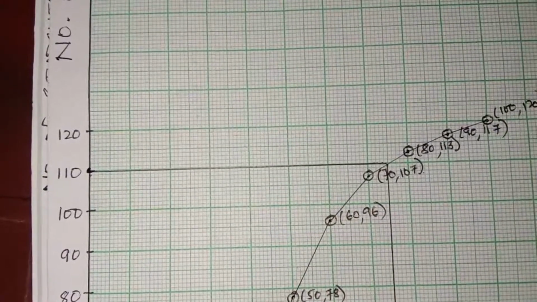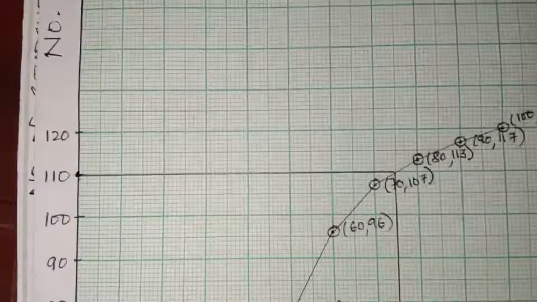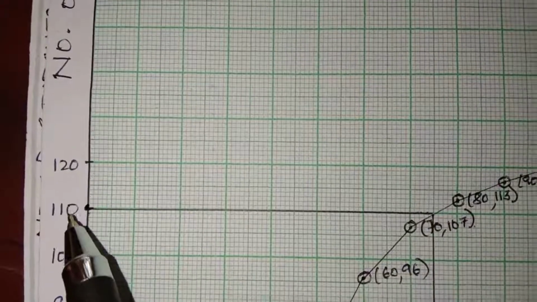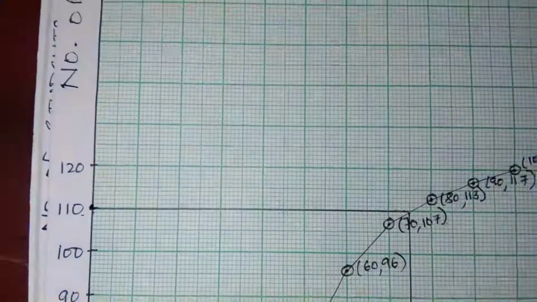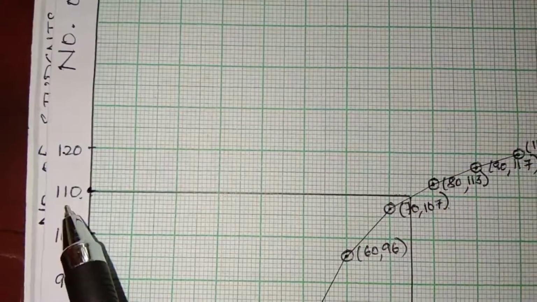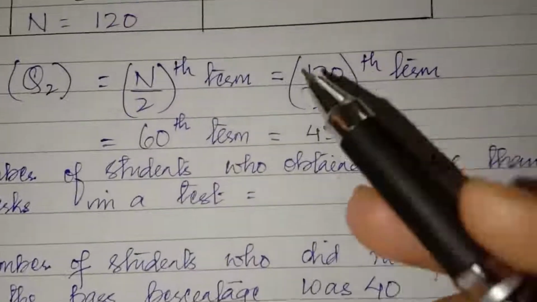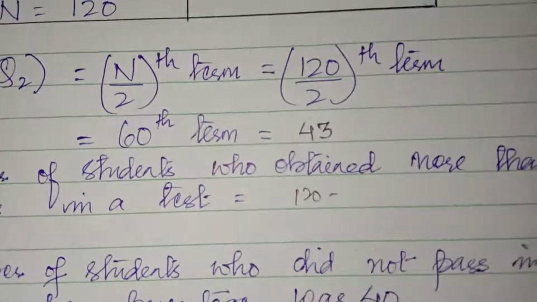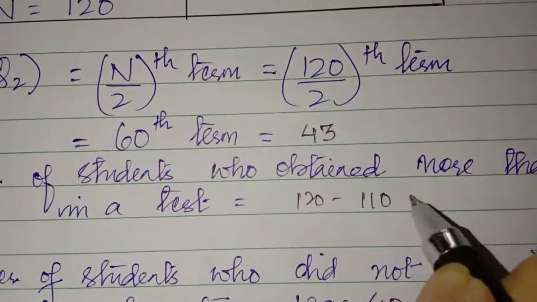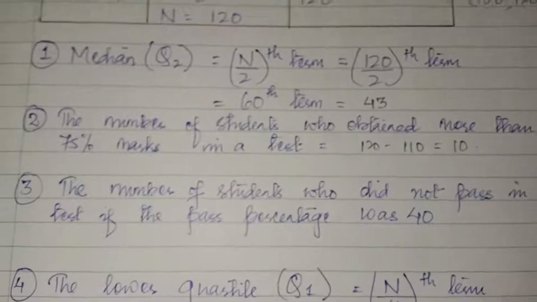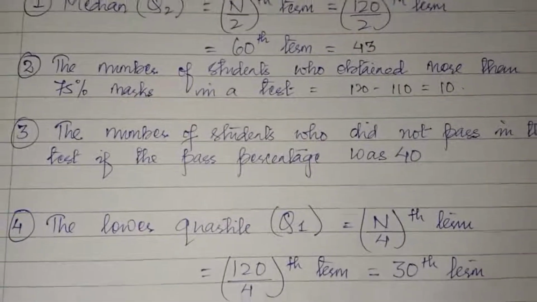We need to find the number of students who scored more, so it is 120 minus 110. That gives 10 students. That means 10 students scored more than 75% marks.